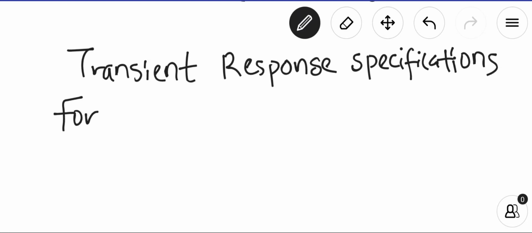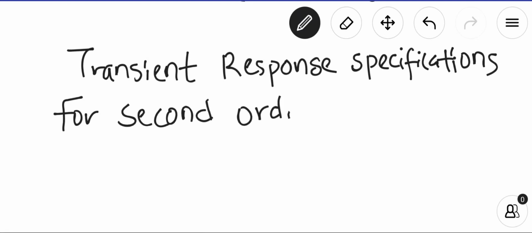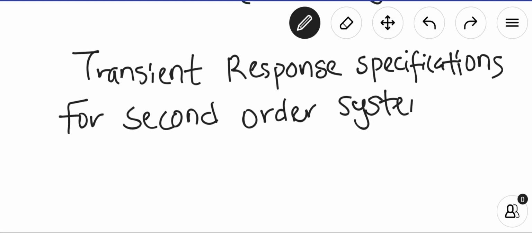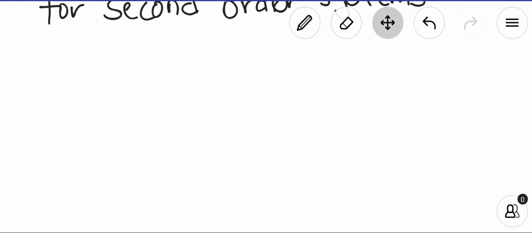Now the first specification here is the rise time.